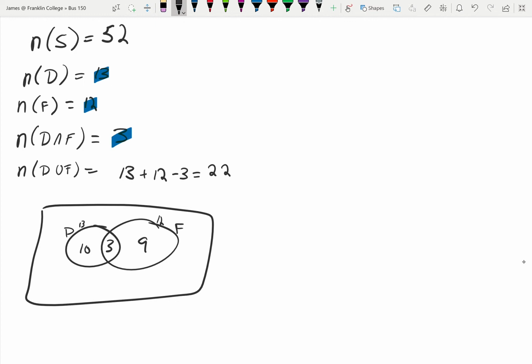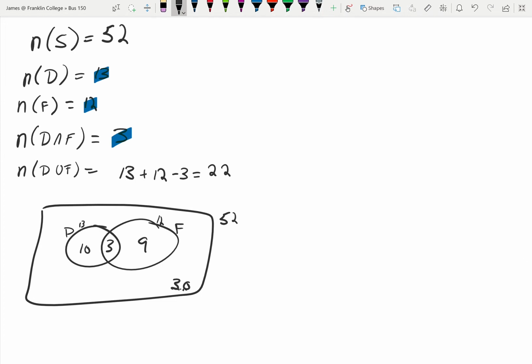And how many are over here? How many are not diamonds or face cards? Well, there are 52 cards total, and there are 22 in the union. So 52 minus 22 will tell us the number of cards in the deck that are neither diamonds nor face cards. So we'll get a nice 30 over there.